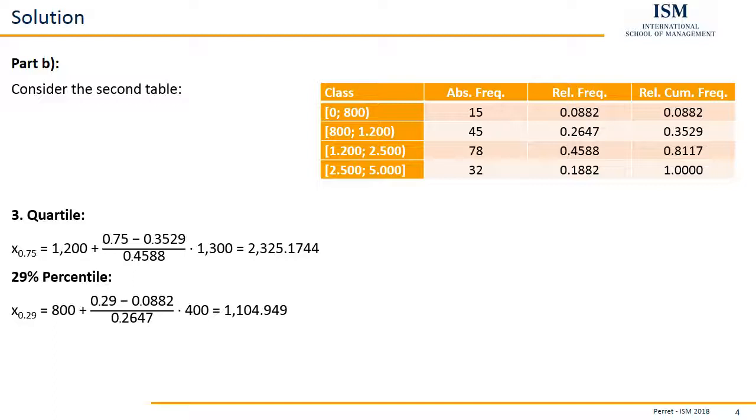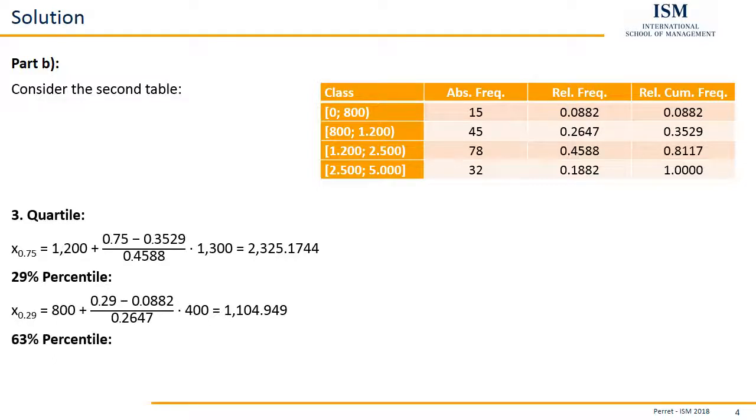And all of this is divided by the relative frequency of the percentile class, here 0.2647. And in the end, this is multiplied with the width of the percentile class. So here we have to calculate 1200 minus 800, giving us the 400 we have written down here. Then, taken all together, we get a 29% percentile of 1104.949.